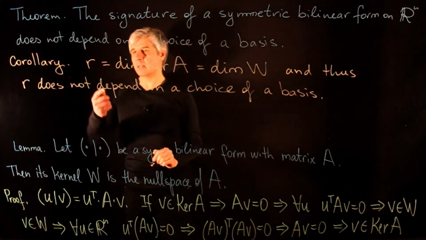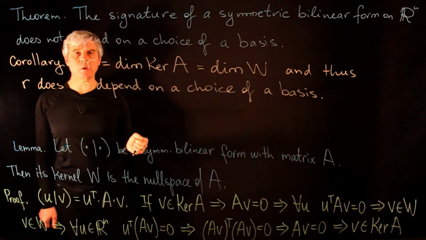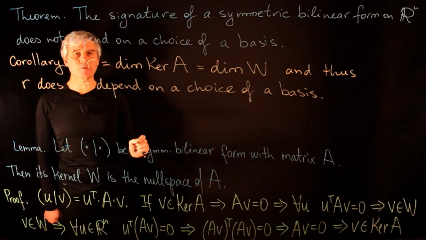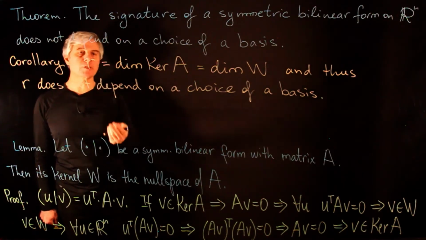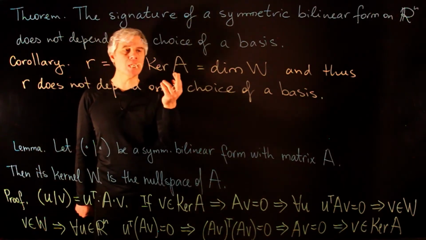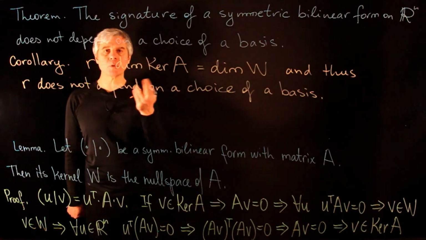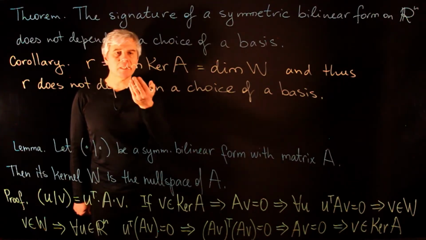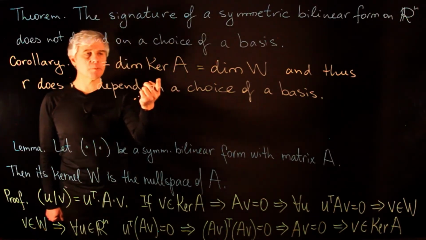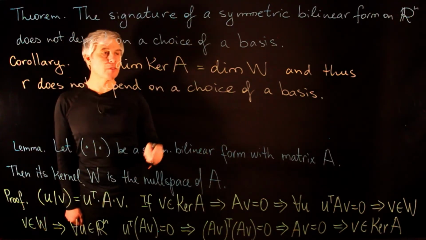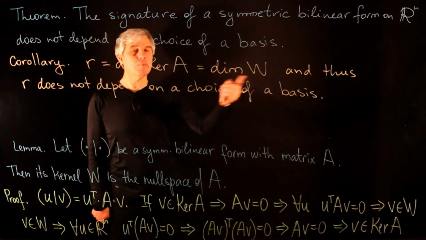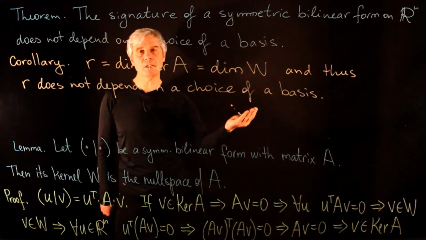So indeed, R is the number of 0 eigenvalues of a matrix A. So it becomes the dimension of the eigenspace of A that corresponds to eigenvalue 0. But the 0 eigenspace of A is precisely the kernel of A. And by this lemma, the kernel of A is the same as the kernel of the bilinear form.